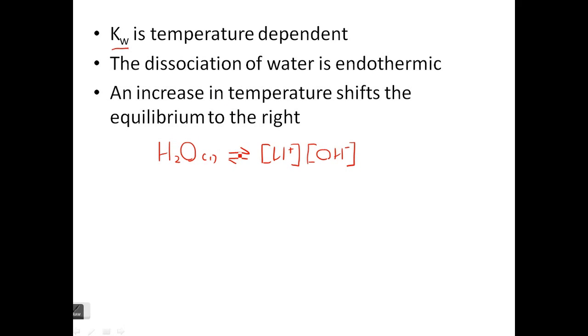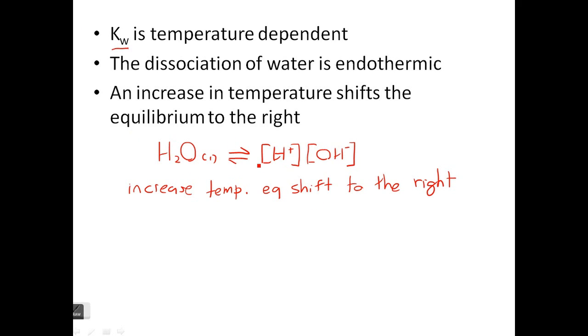The forward reaction is endothermic. So if you increase the temperature, which way is the equilibrium going to shift? Well, if you increase the temperature, the equilibrium will shift to the right. I'm sure that's what you were thinking.